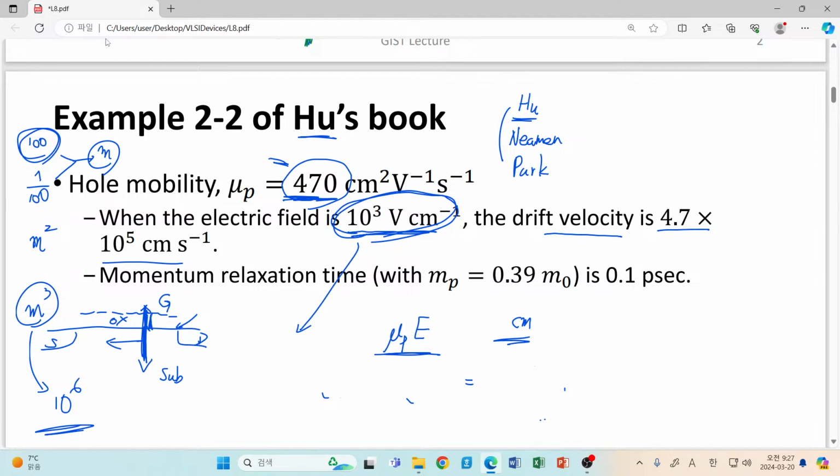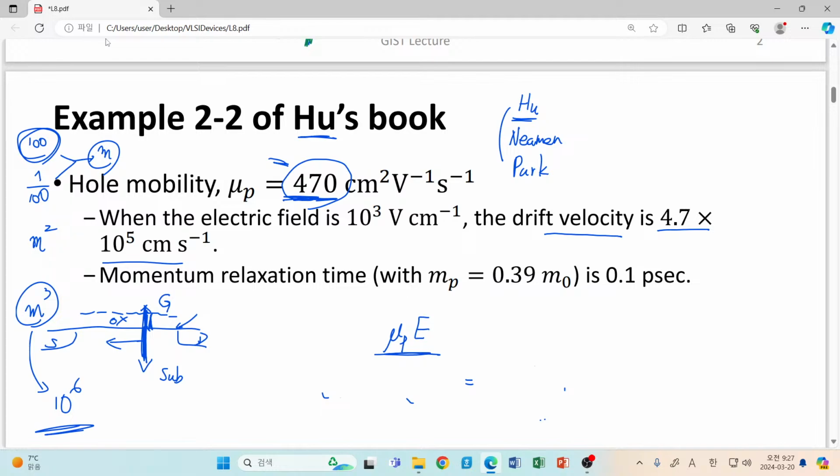In many cases, we can see that the student's answer is 1 million times higher or 1 million times lower, because he or she just misunderstood the length scale, meters and centimeters. So I want to strongly recommend, please do this calculation by yourself.